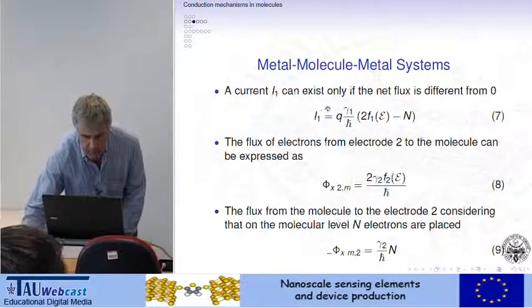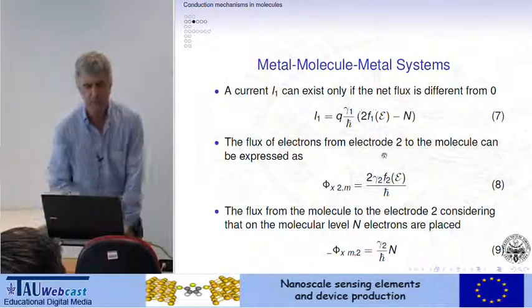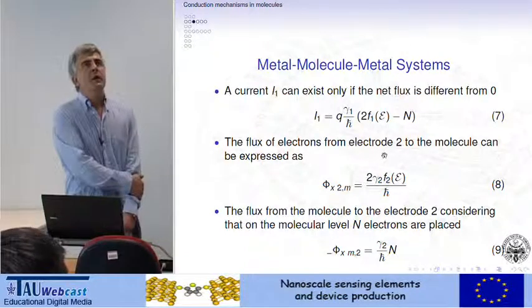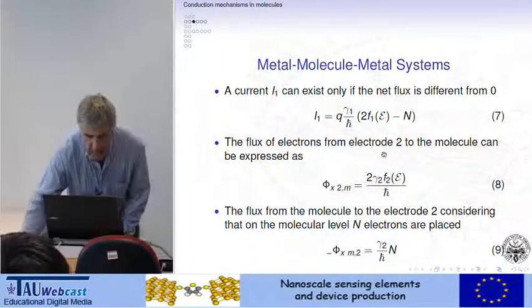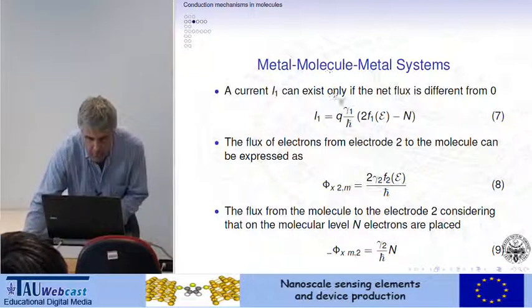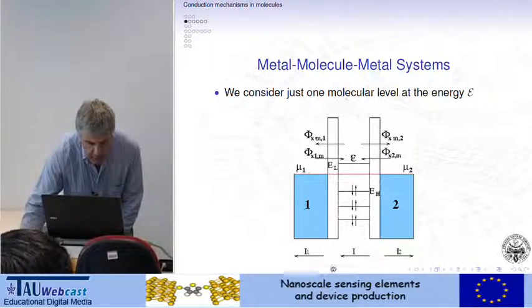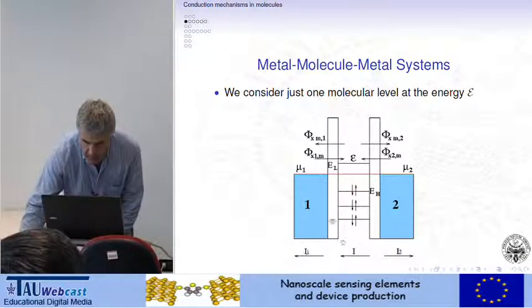This last expression allows us to write a simple expression for the current I1. So this current can be derived directly from the fluxes. So probably it's better to reconsider the scheme. Current I1, in this direction, will be positive when you have a flux of electrons traveling in the opposite direction.